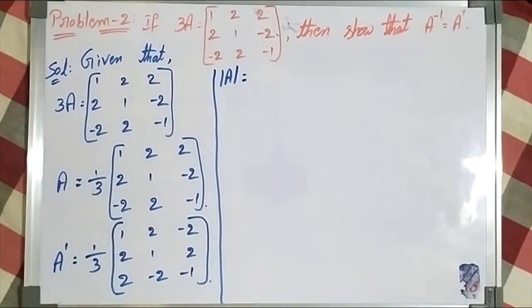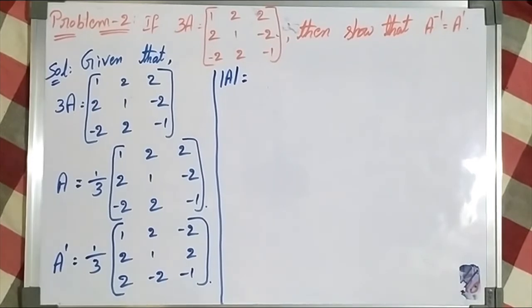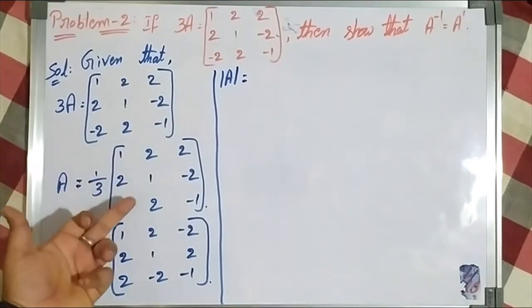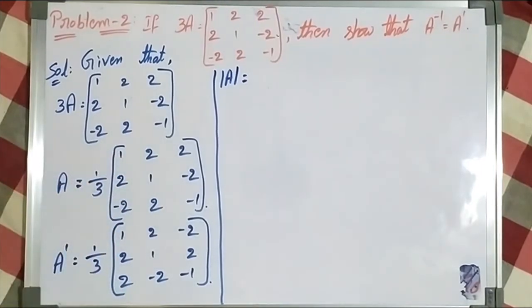One of the properties is that if a matrix A equals k into B, where k is a scalar, then the determinant of A equals k to the power of the number of rows, here k cube, into the determinant of the remaining matrix.